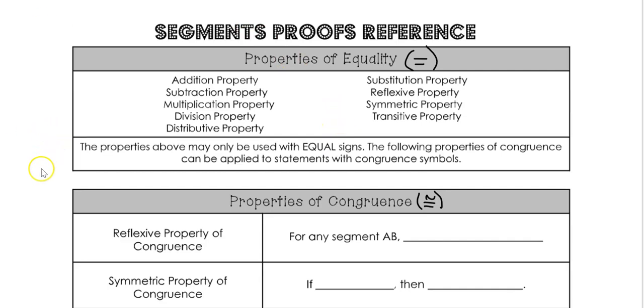I want to remind you that the word congruent is when they are the same size and the same shape. So while equality talks about numbers and values and lengths and areas, congruence talks about the shapes.